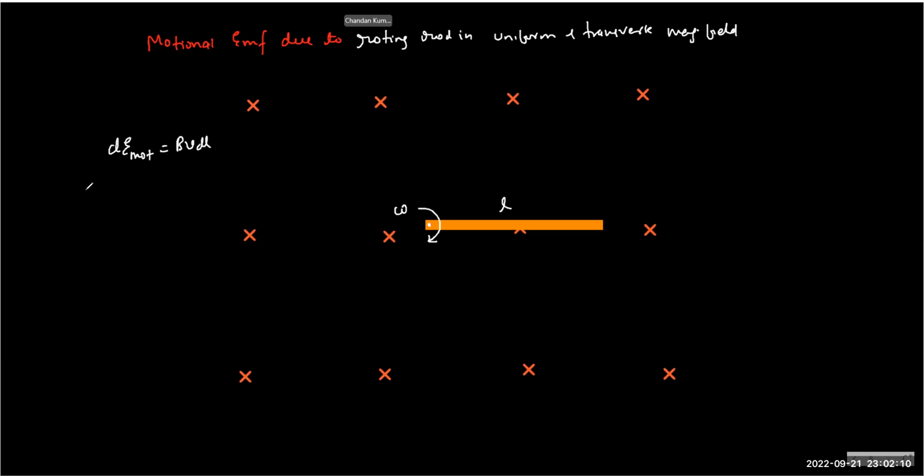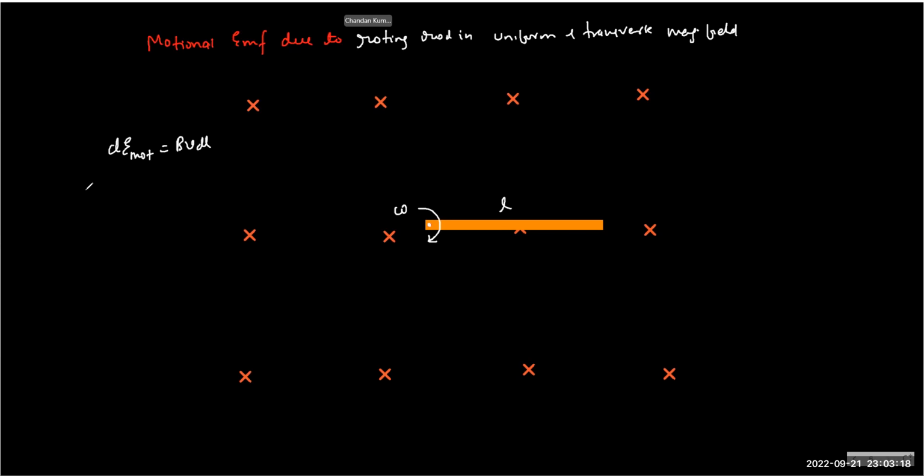How much are you getting here? So B omega L square by 2.